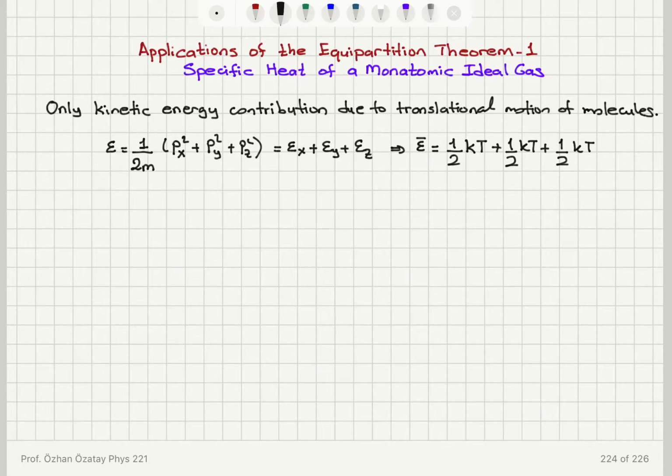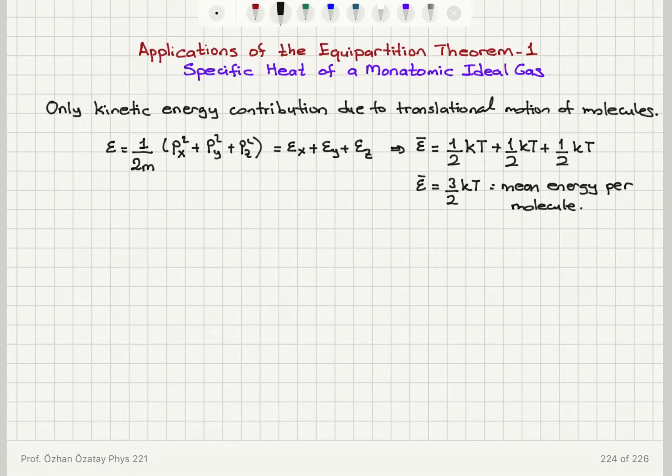Therefore, we find that the mean energy per molecule will be equal to 3 over 2 kT. So this is the mean energy per molecule.